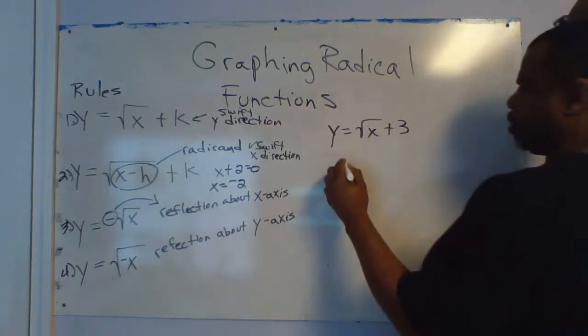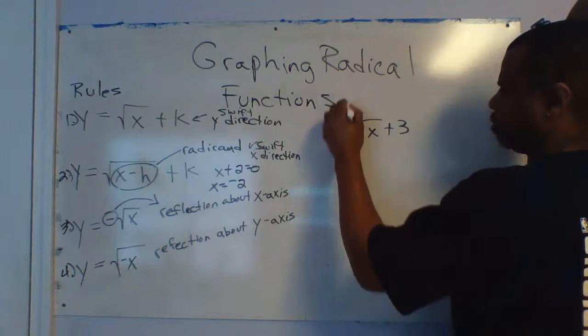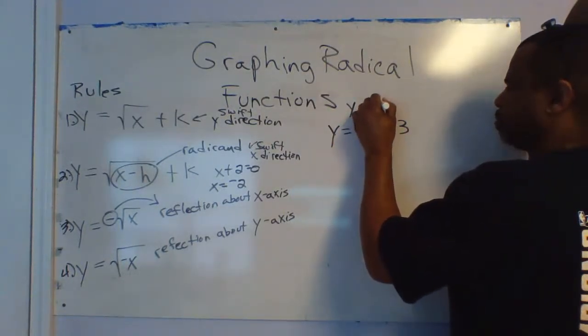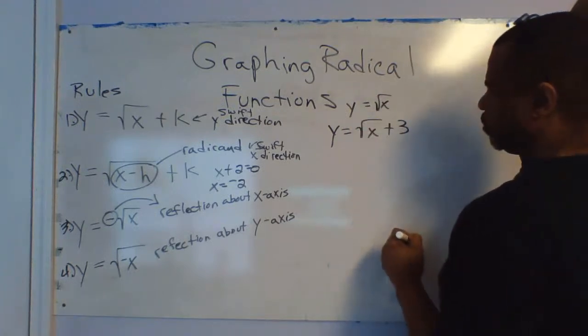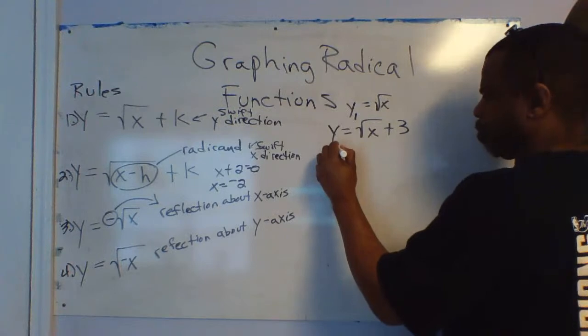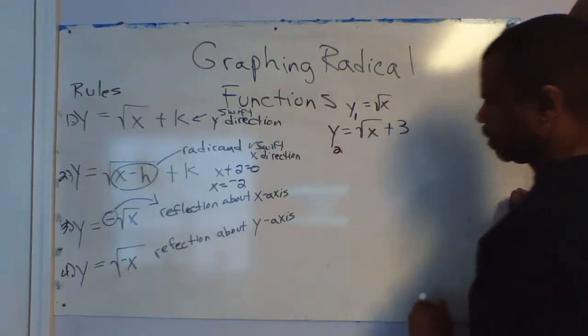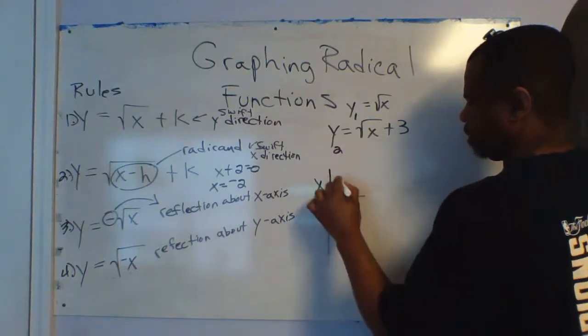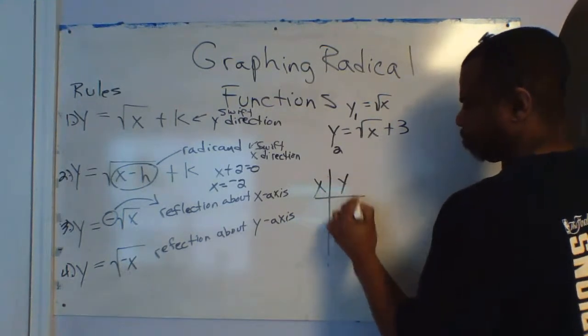All right. So we'll normally come here. We got the parent function, which is y equals the square root of x, right? Okay. So I'm going to let this be y1. This will be y2. Okay. So what I want to do here, I got my x's. I have my y's.